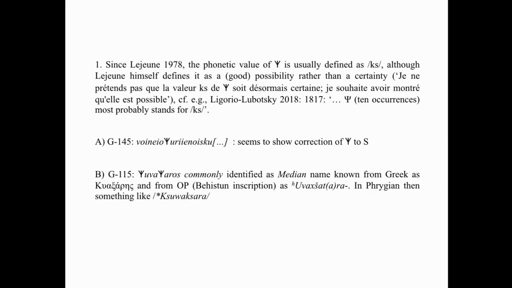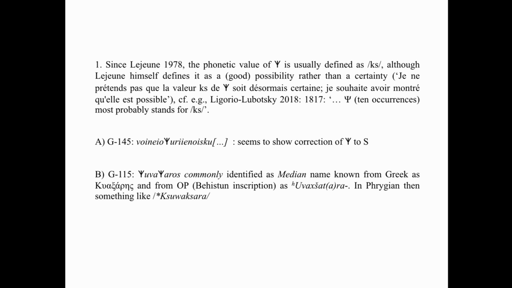Traditionally it was identified, first of all, triggered by the Greek form of the name of the Median king of the late 7th and 6th century, Kyaxares.